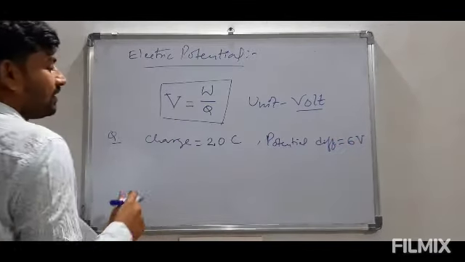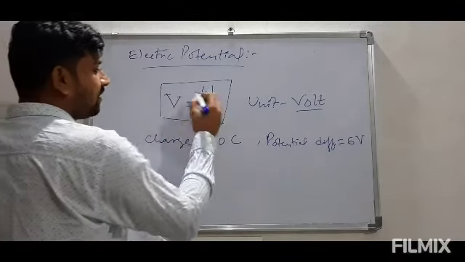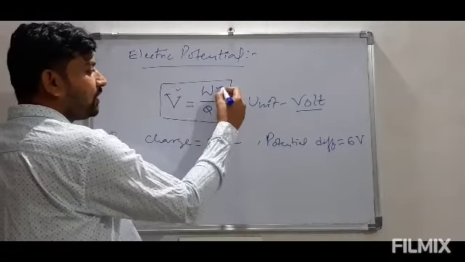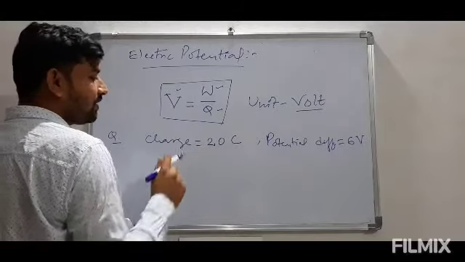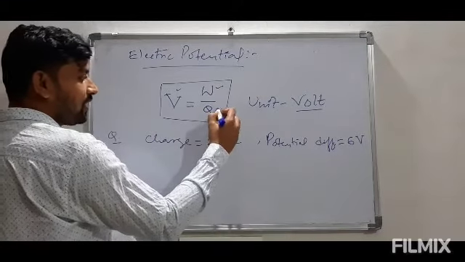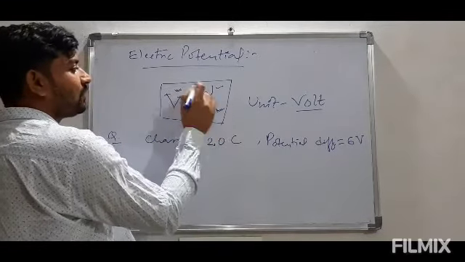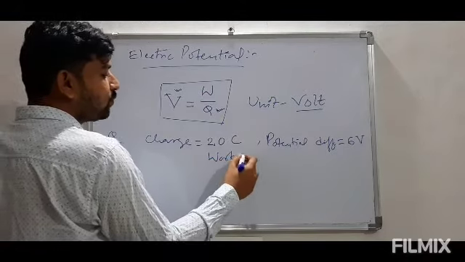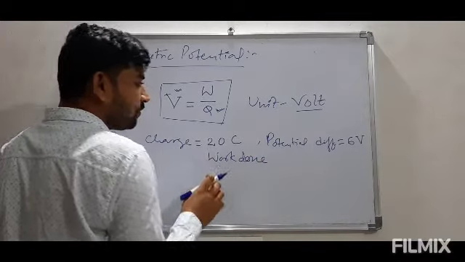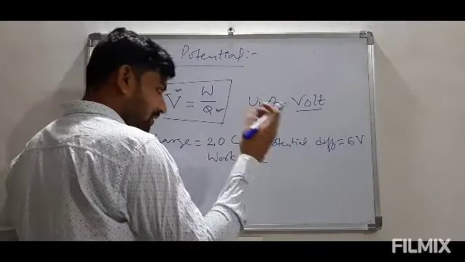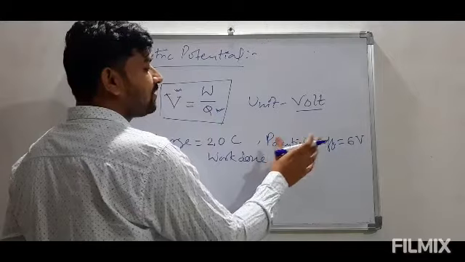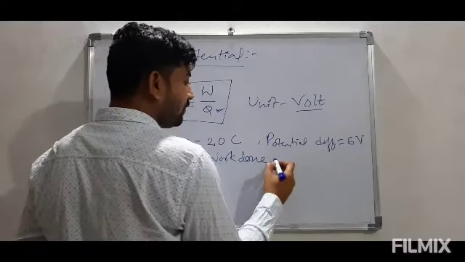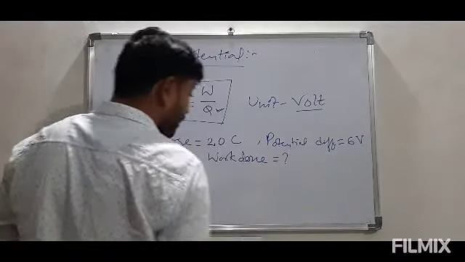Here we have three things: potential difference, work done, and charge. Out of these three we have two things: we have charge, we have potential difference. What we have to calculate then? We have to find out work done to move 20 coulomb charge from a point to another point in which there is a potential difference of 6 volt. So we have to calculate work done.